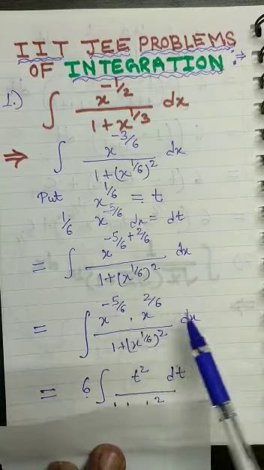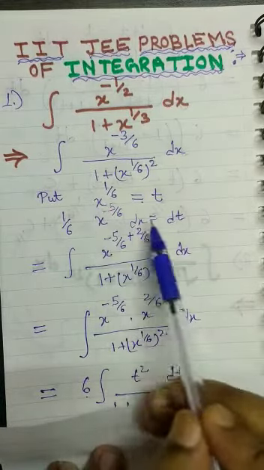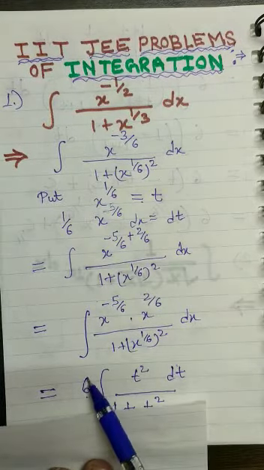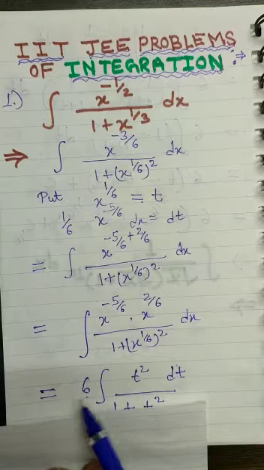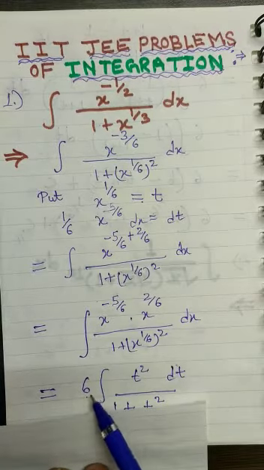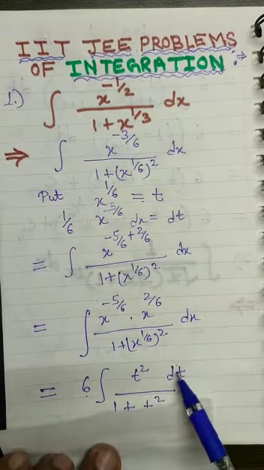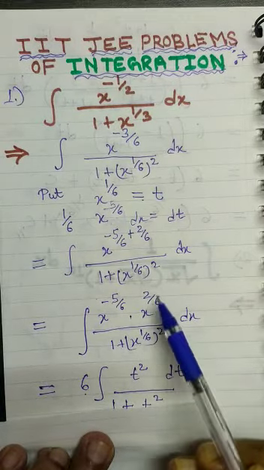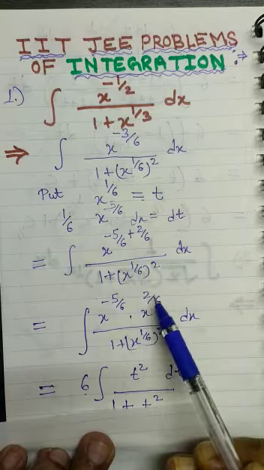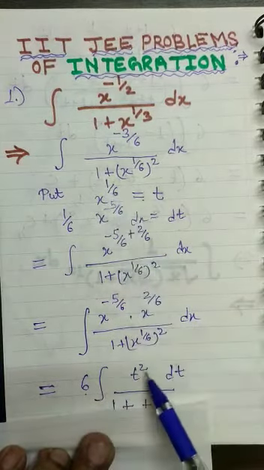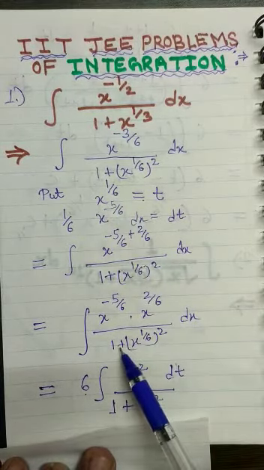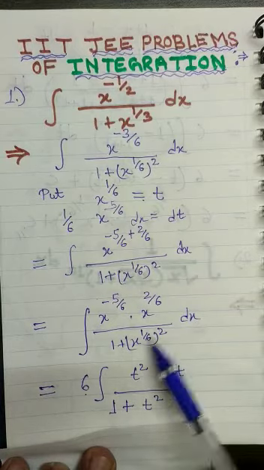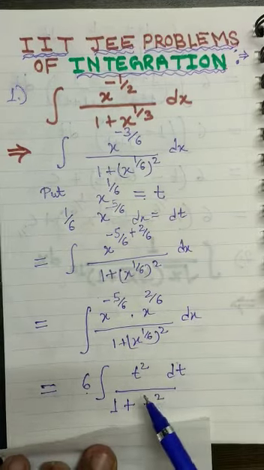X to the power minus 5 by 6 dx equals 6 dt, which I am putting; always we put the integration outside. 6 integration of dt is here. X to the power 1 by 6 squared is x to the power 2 by 6. X to the power 1 by 6 we have as t. So it becomes t squared by 1 plus t squared.